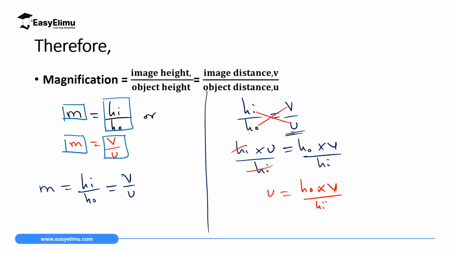Like in this case, if you need HO, then it is going to be HI times U divided by V. You can manipulate this equation in any way to determine what you don't have, so long as you have any three quantities.